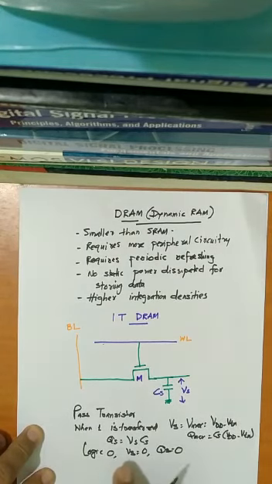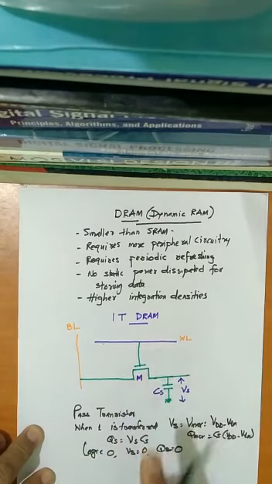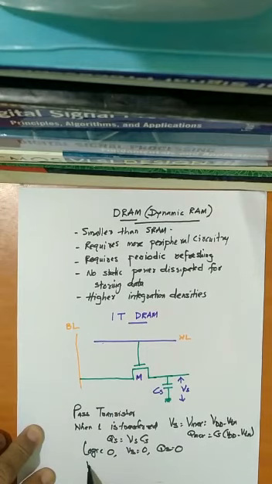So hold state is achieved by refreshing the cell. This memory cell can be refreshed. It is achieved by turning off the access transistor. You make the word line 0.